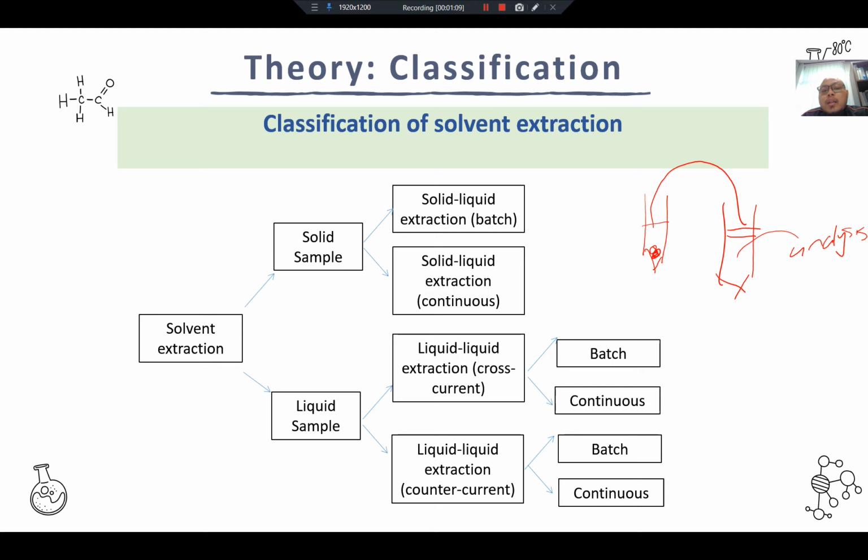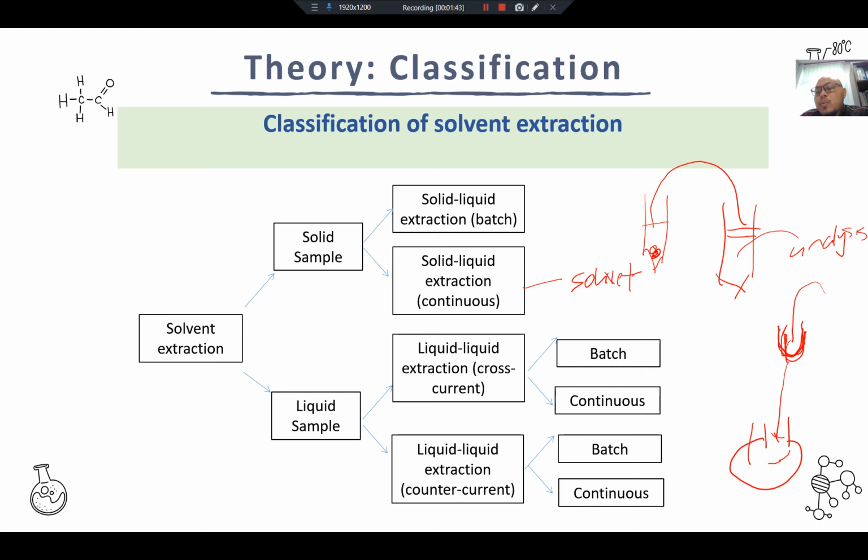Okay, the next one is the solid liquid extraction method. I believe you guys already heard about the Soxhlet extraction method, where the solvent is continually dripping inside of this thimble, if I'm not mistaken, and then it will drip to the distillation cup.